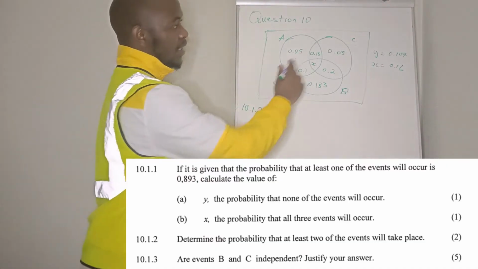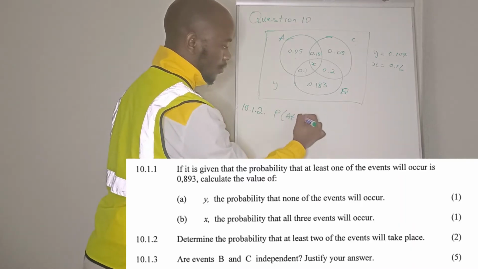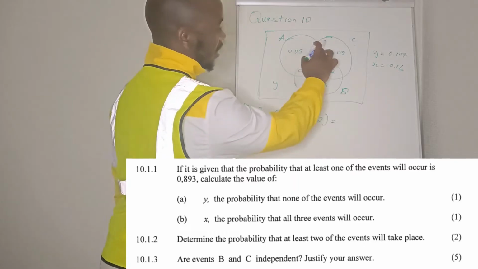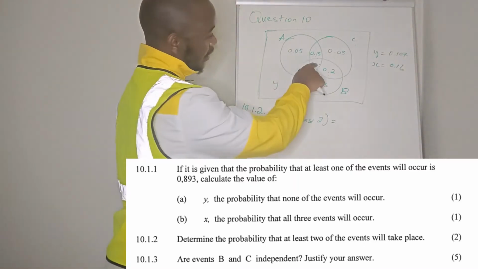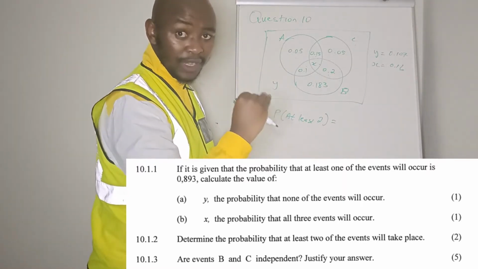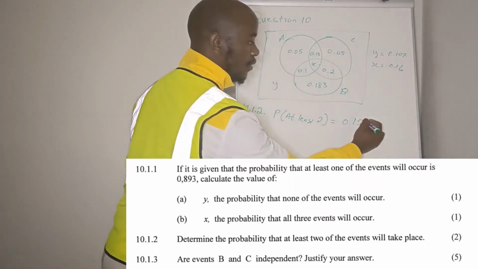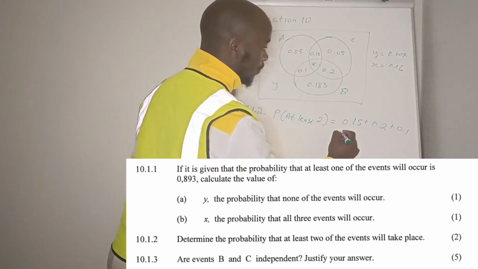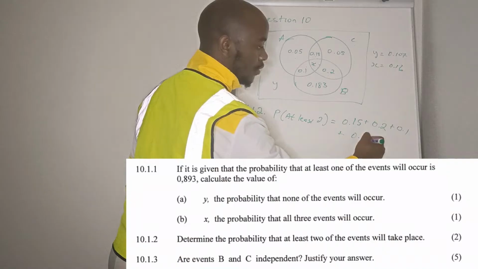So the probability that at least two events occur is equal to the sum of this and this one, because the three events are happening there, and this forms part of at least two events. So that's going to be 0.15, 0.2, 0.1 plus X, which is 0.16.